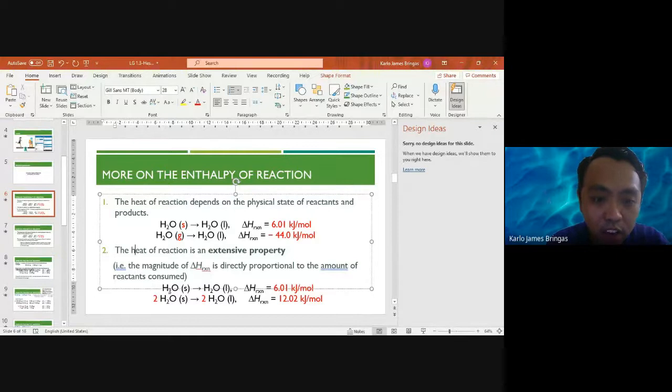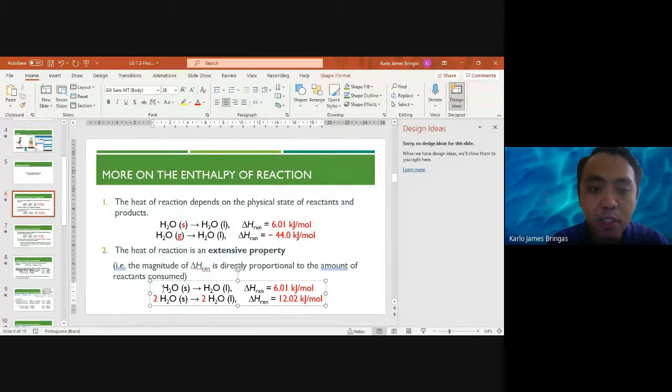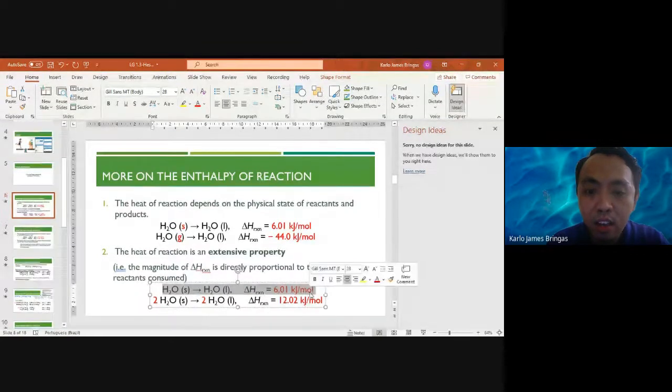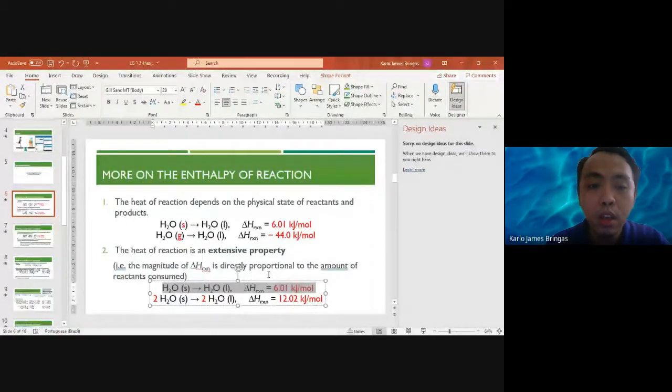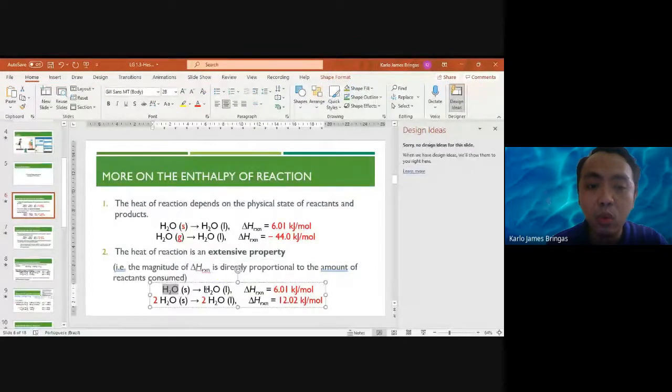Now in here, you have an example that demonstrates our delta H reaction as an extensive property. In the first equation that you have in here, you have the delta H reaction equal to 6.01 kilojoules per mole. Now what we can do is multiply both the reactants and the products by 2. You can do that, by the way, if you multiply both sides of the equation by one constant.